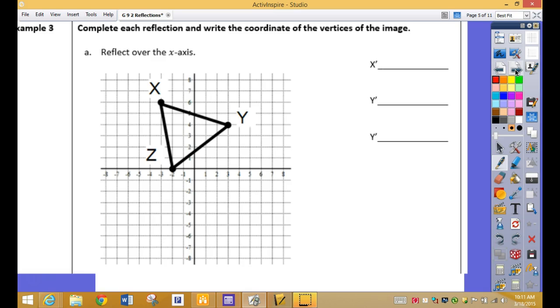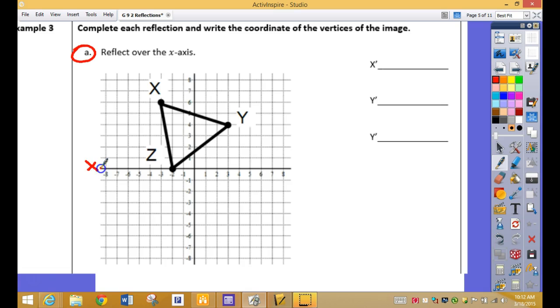All right, complete each reflection and write the coordinates of the vertices of the image. So here we have our pre-image. What do they want us to do? Read the directions per problem today so you know what they're using for their line of reflection. Here it says reflect over the x-axis.